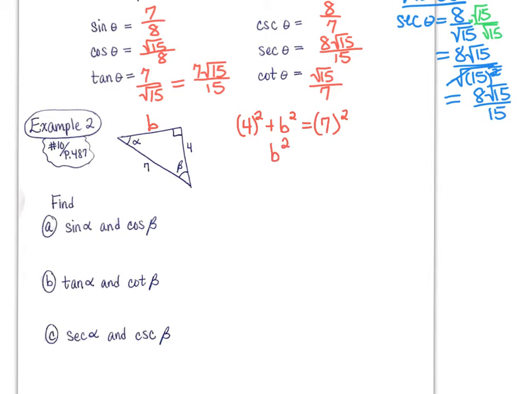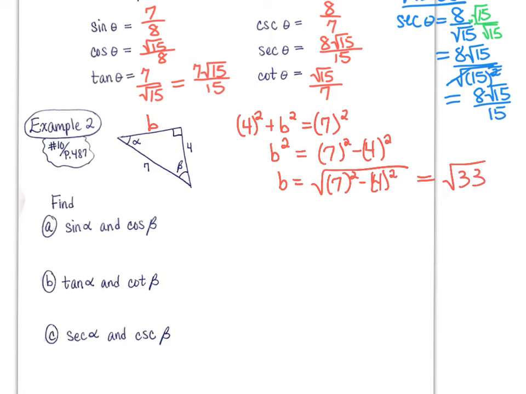So that means b squared is equal to 7 squared minus 4 squared, or b is equal to the square root of 7 squared, which is 49, minus 4 squared, which is 16. So this gives us the square root of what? 33. Good. So b is the square root of 33. So this side is the square root of 33 there.